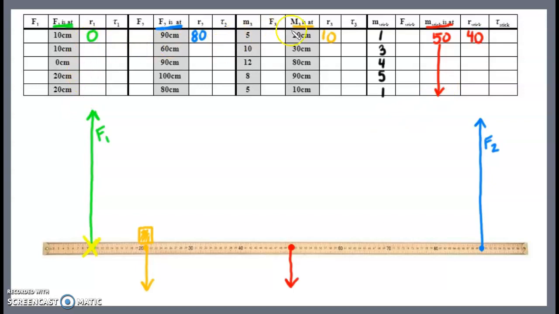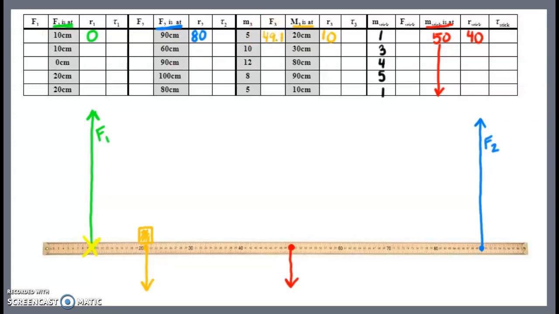Now that I've established all my distances, I can go back and see what things I can solve for. I know the mass of the stick, and I know the mass for my object at F3. So I can solve the force for those. F equals mass times gravity. For F3, I have 5 times 9.81, and I get 49.1 newtons.